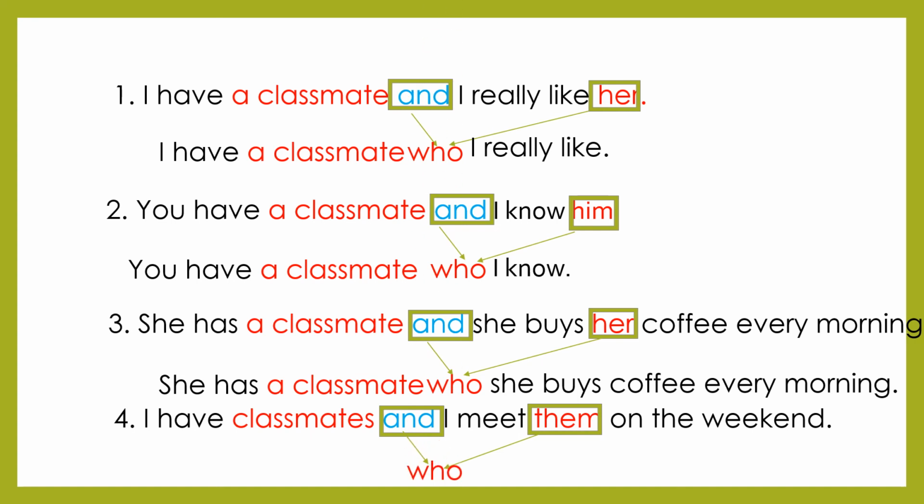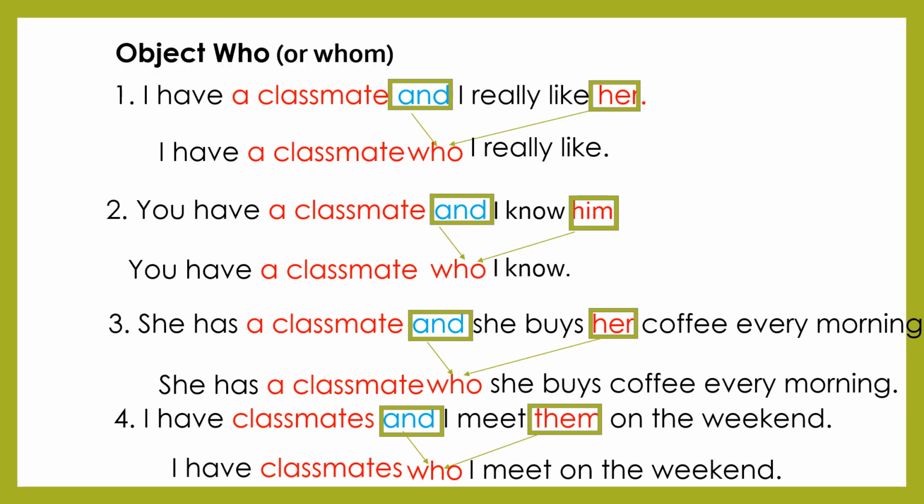Object of buys, and we can combine "and her" into one, which is who. And the rest of the sentence stays the same, doesn't change. So the sentence we get is: she has a classmate who, do you want to finish it? That's right. She buys coffee every morning. Well done.